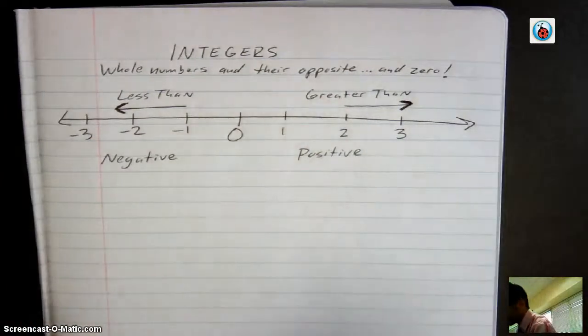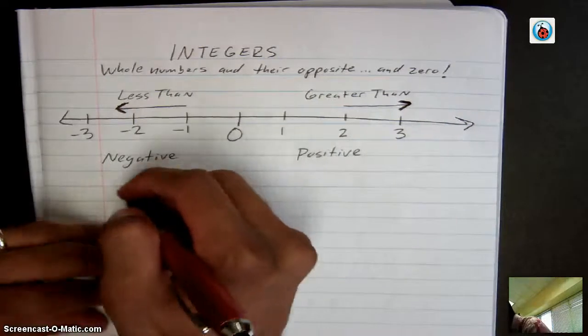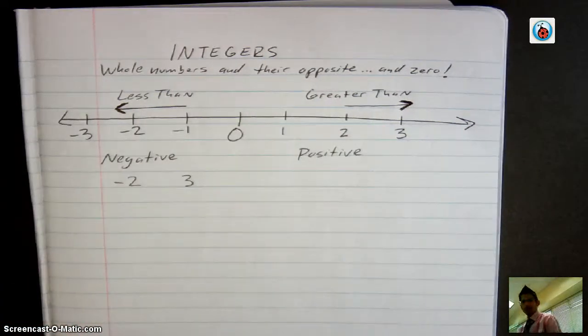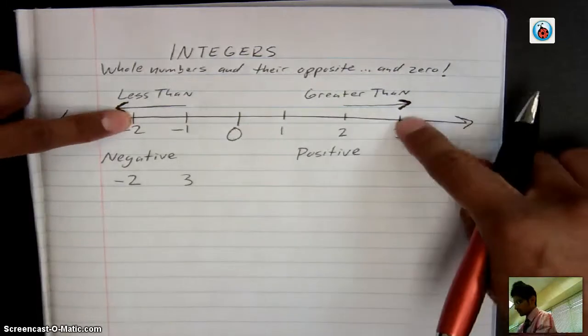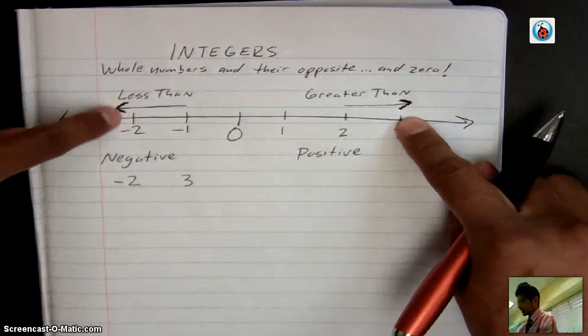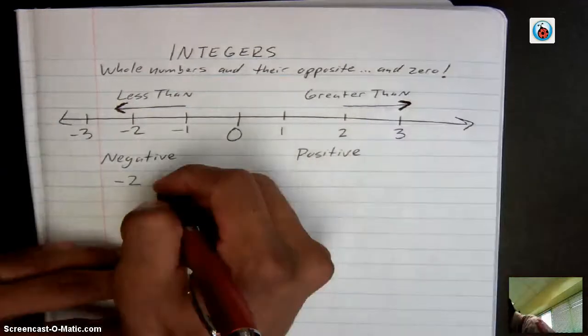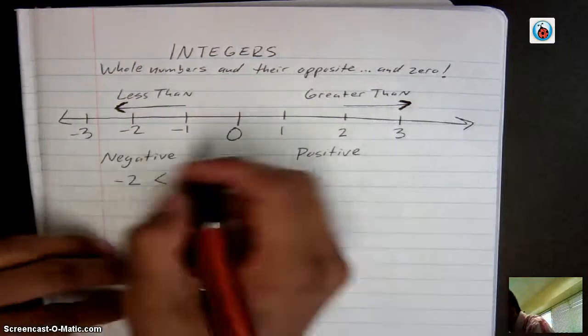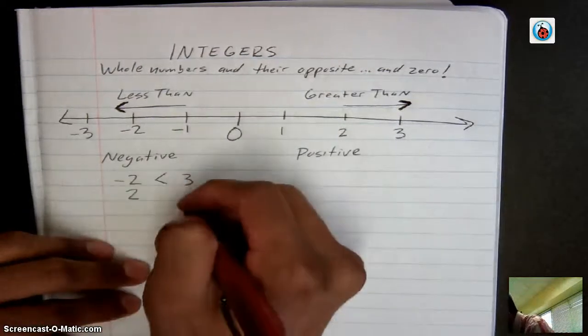All right, so let's compare some numbers. If I had negative 2 and 3, is negative 2 less than 3 or is negative 2 greater than 3? Well, you look on your number line, and here's negative 2 and here's 3. Negative 2 is going to be less than 3 because it's on the left of 3. So I'm going to write less than. And then we'll look at a different number. Let's look at 2 and 0.